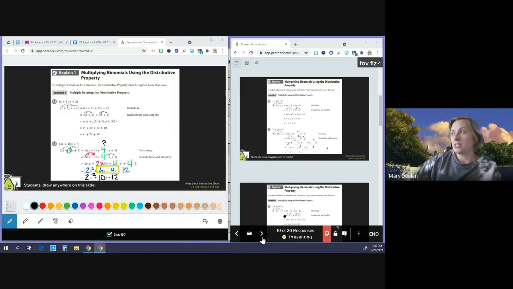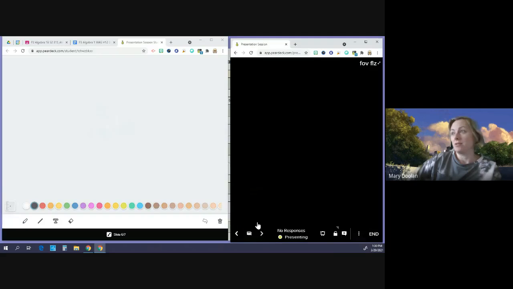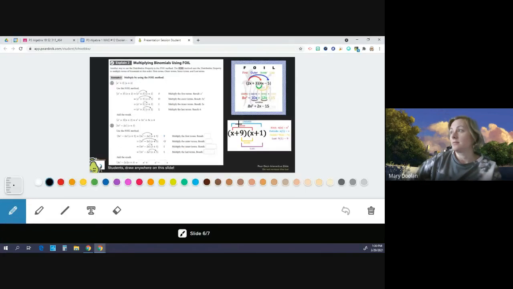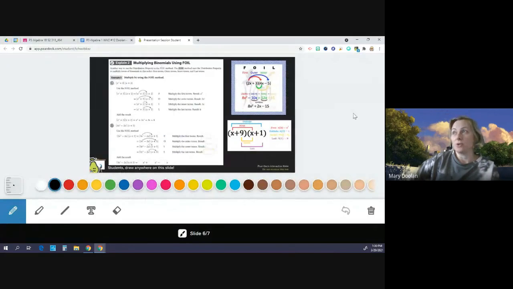Okay, so we're going to look at this last method called the FOIL method. And there's a couple diagrams here for you. And so it's called FOIL because F stands for first, O stands for outer, I stands for inner, and L stands for last. And you got some diagrams here.